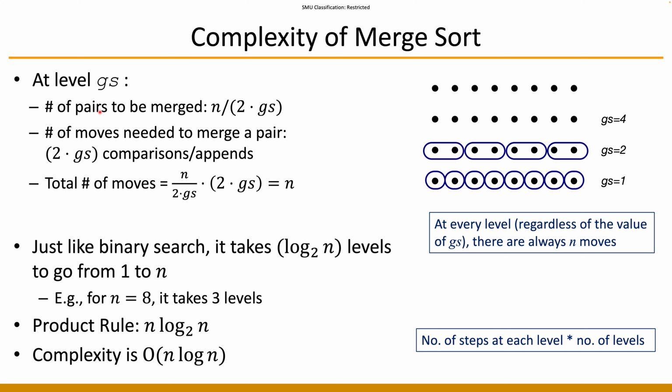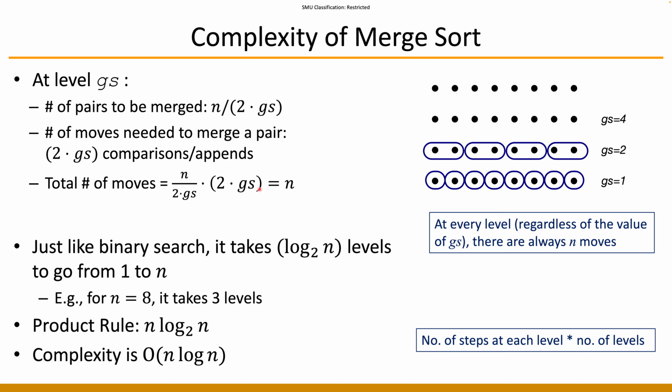In other words, if you are looking at a particular level, let's say GS equals 1 or GS equals 2, the total number of moves or comparisons necessary will be n divided by 2GS, which represents the number of pairs, times the number of moves or comparisons, 2 times GS. If you multiply that, you'll find out that for each and every level, the total number of moves stays constant. It's always n, regardless of the GS.